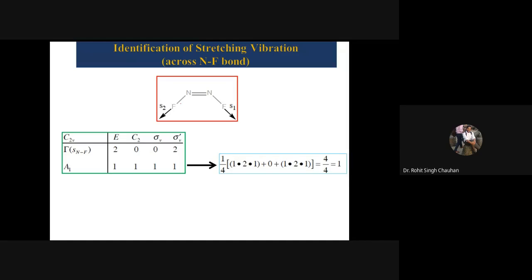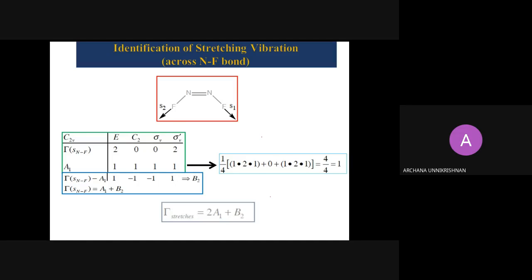I have written 0, but can anybody tell me why it is 0? Because C2 passes through the N and both of them shift to the opposite side. Yes, the whole bond is going to be shifted.